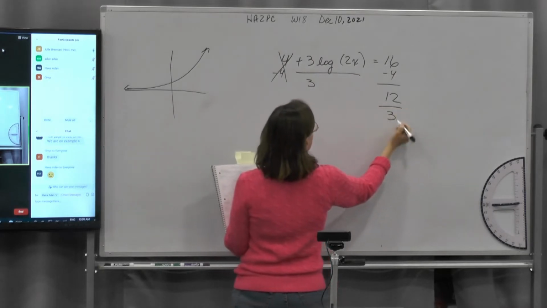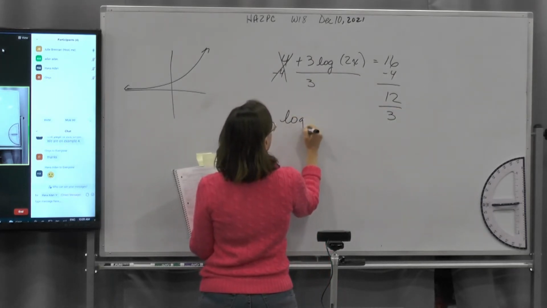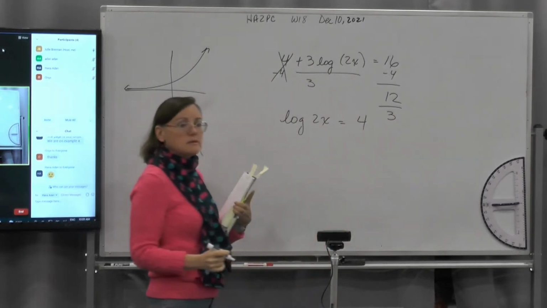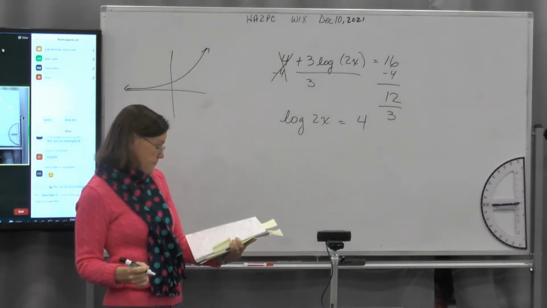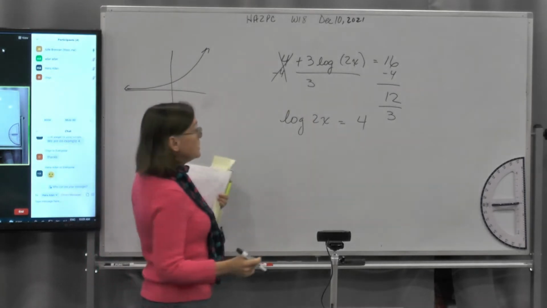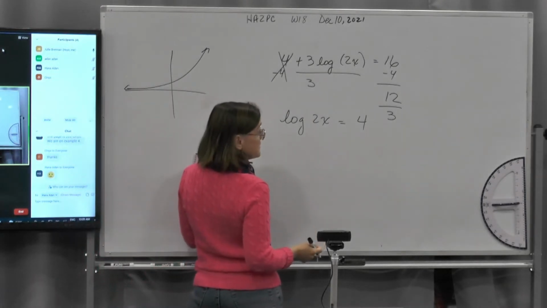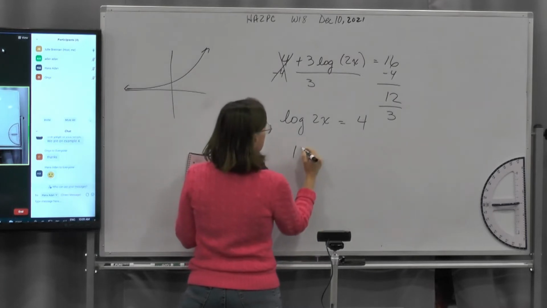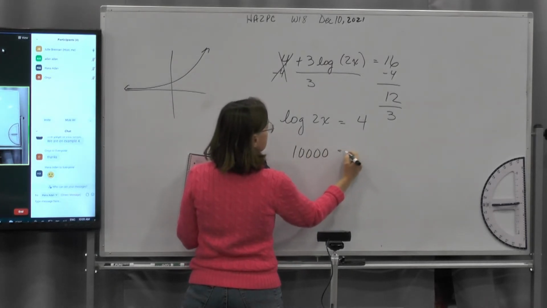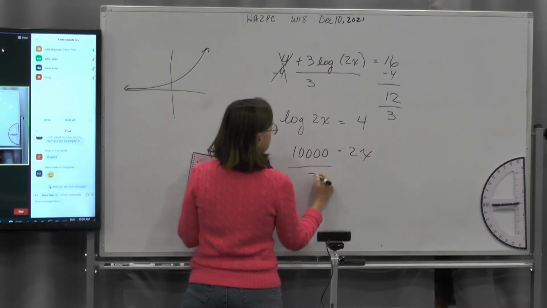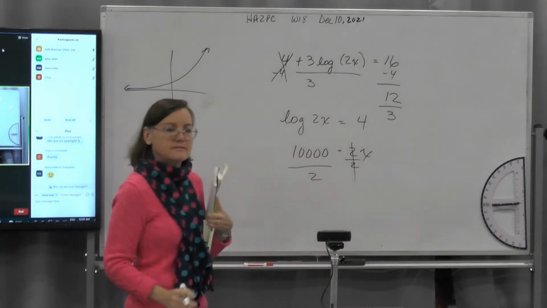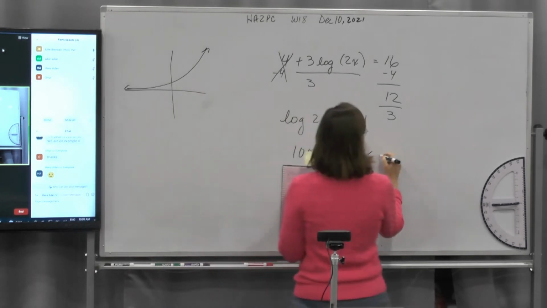And so I'm going to get the log of 2x is equal to 4. How do I re-express this in exponential form? 10 to the 4th equals 2x. 10 with 4 zeros is equal to 2x. So just divide that by 2. x is half of 10,000, x is equal to 5,000.